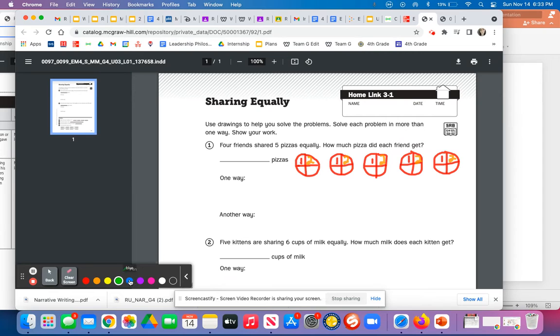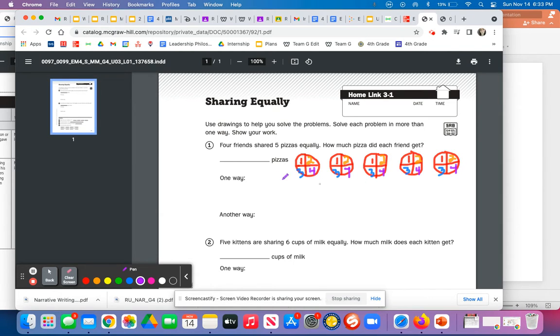Then I'm going to do blue for friend 3. Friend 3 gets a piece from each pizza, and friend 4 gets a piece from each pizza. I love how neatly this is working out.